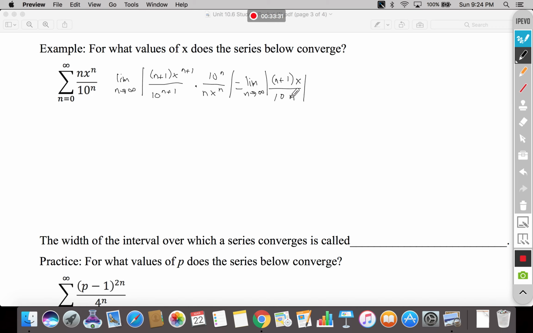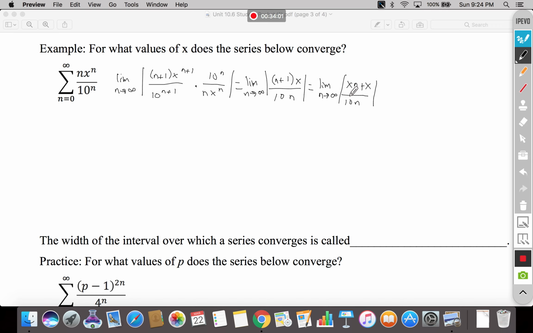Interesting. Well, what happens then as n approaches infinity? If I distribute that x, because x is just going to be some number, I want to look for whatever that x needs to be. I end up with xn plus x over 10n. And typically when I'm doing my limits as n approaches infinity, n is my growing thing.